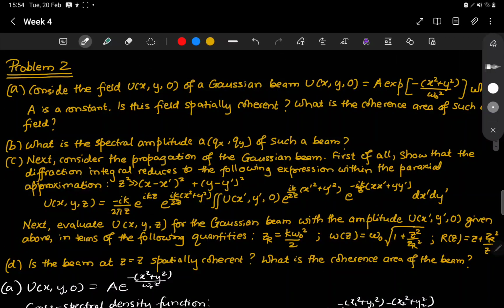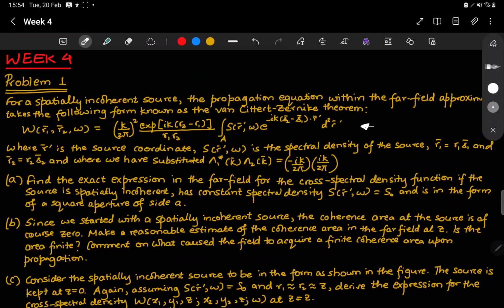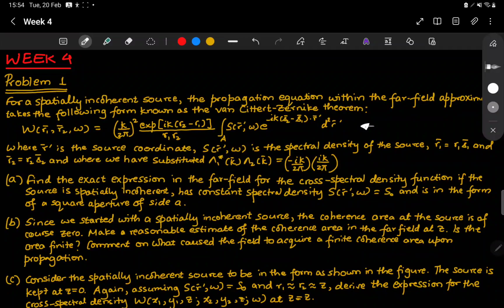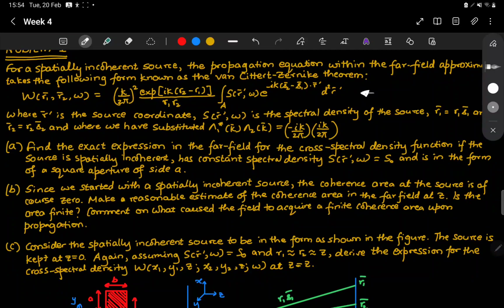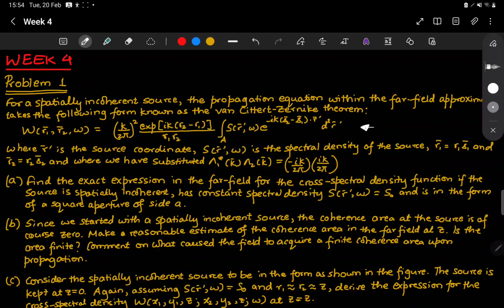And if we know the cross spectral density at z equal to 0, then we can find it at finite z by means of the Van Cittert-Zernike theorem. The Van Cittert-Zernike theorem actually is the far field approximation, so at a very large value of z.